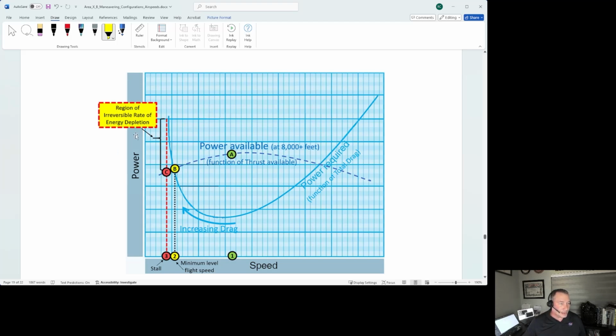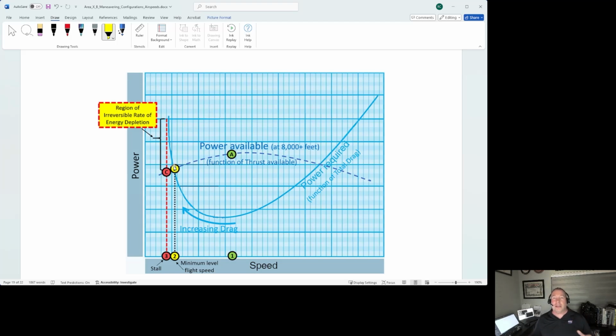Now, obviously, if you look at the drag curve here, the power required curve, it's depicted both ways. It actually goes slower than the power available. So imagine that you're flying along here at the B point, you're at full throttle, you're at the minimum level flight speed.